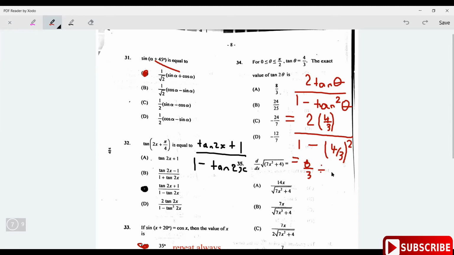So 8 over 3 divided by minus 7 over 9. You put that in your calculator, and that is minus 24 over 7. Easy question. Solved.